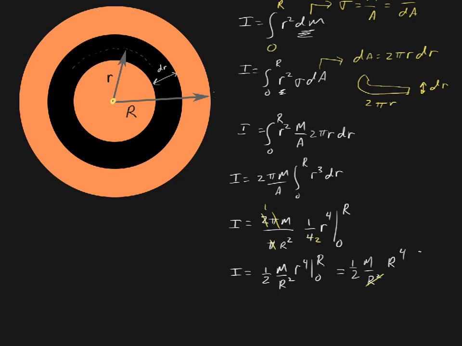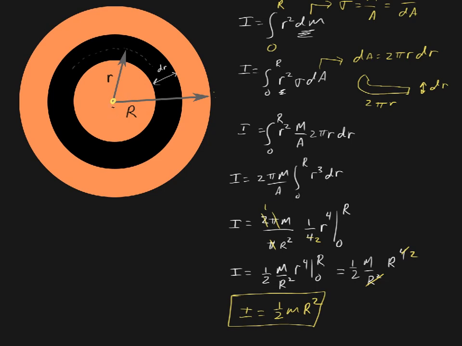And so this R squared cancels with 2 of those R's, leaving us with I is equal to 1/2 mR squared. Okay, and that's what we were setting out to show. So this is for doing a solid disk.